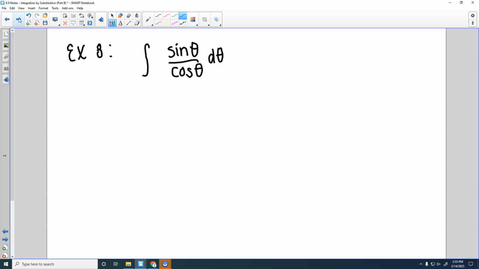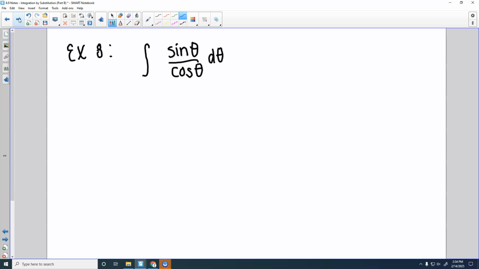What do you think we should do here? What's the derivative of sine? Cosine. What's the derivative of cosine? Negative sine. So it might work either way to use sine or cosine as our u. But I did tell you a little bit earlier that it's usually the denominator, didn't I?